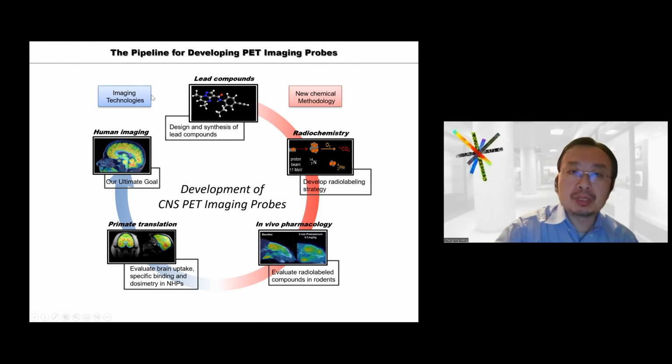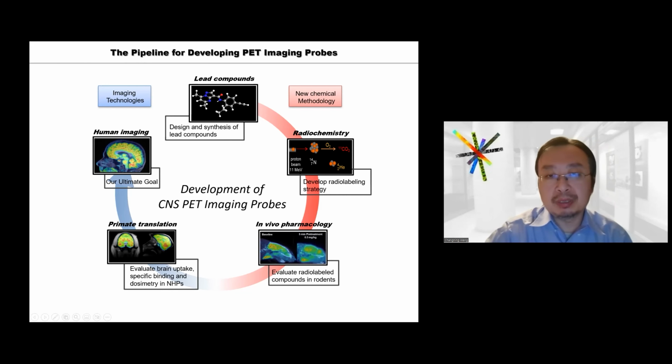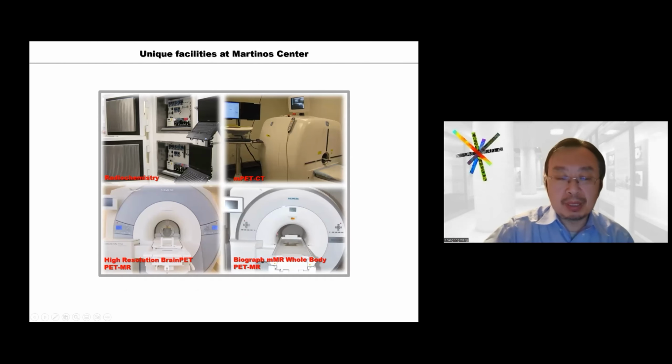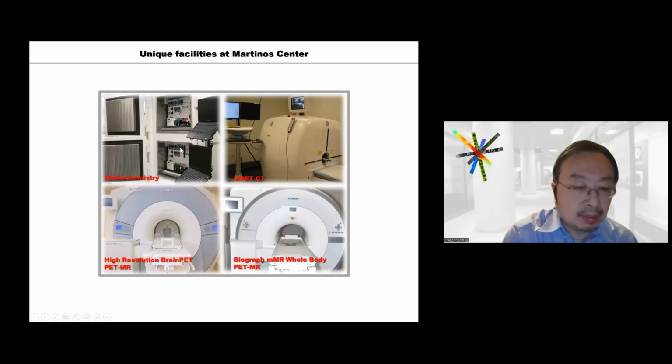If we have new imaging techniques or new chemical reaction methodologies, that will help make the whole process faster. Now, this is some of the equipment in my center: the automated radiochemistry modules, and also some scanners, for example the microPET/CT for rodent studies, and the PET/MRI for human whole body scans.